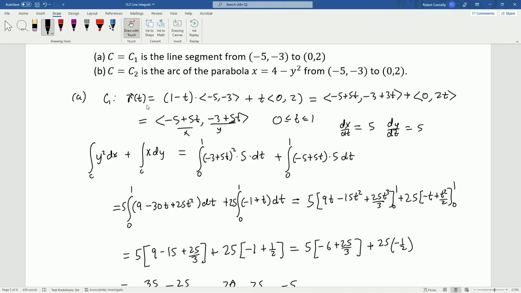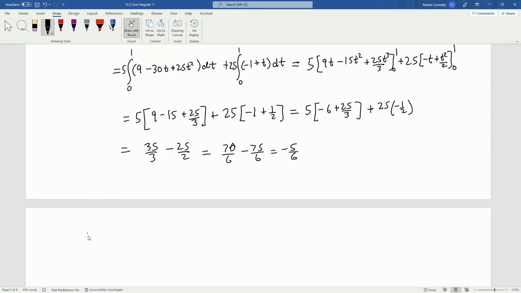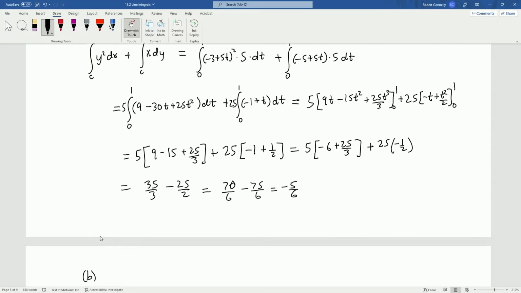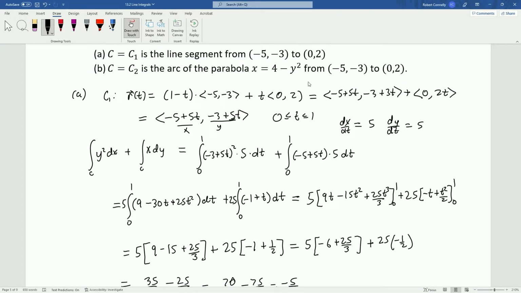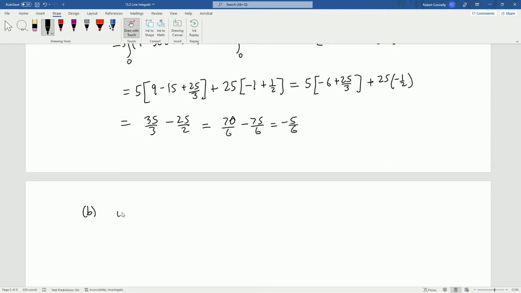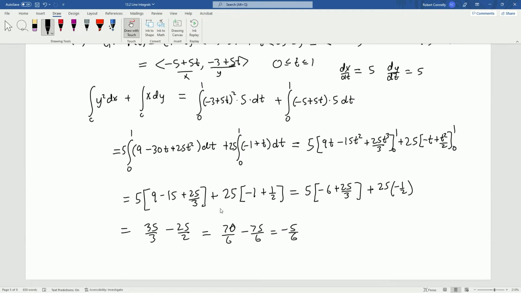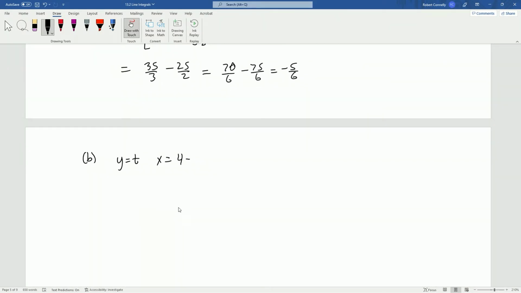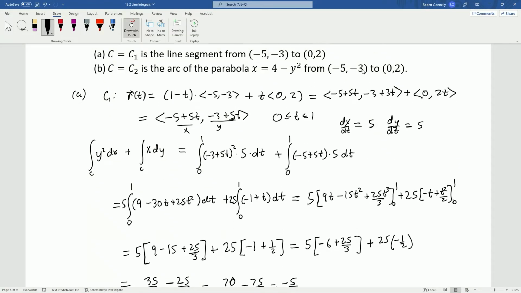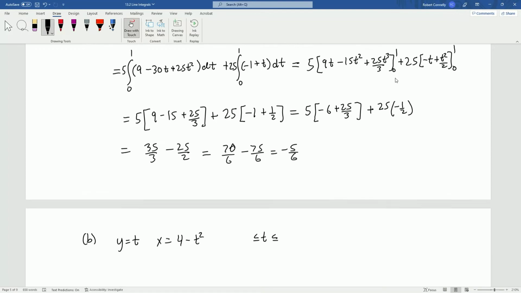Now part B is going to be a little different. We need a different parameterization for our curve here. This curve is just the parabola x equals 4 minus y squared, so the easiest thing to do is to set y equal to t. Then x is equal to 4 minus t squared, right? And if y goes between negative 3 and 2, then t goes between negative 3 and 2 as well.